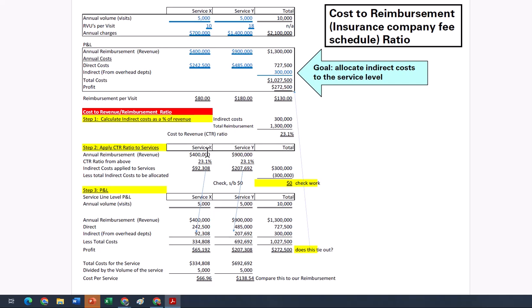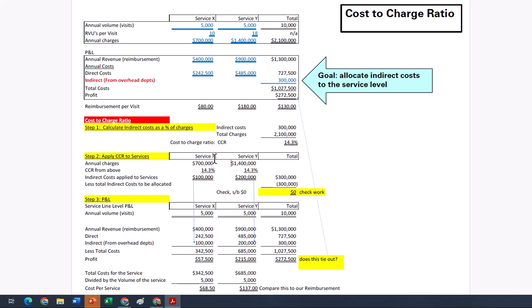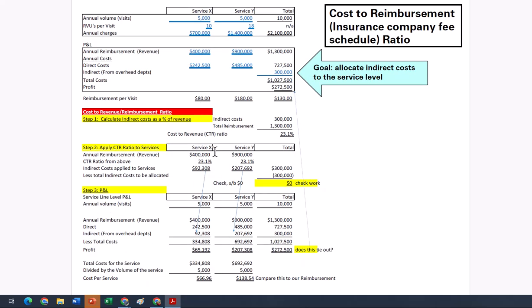So we take our reimbursement times our allocation rate of 23%, and we apply 92,000 and change to cost to X and 207,000 and change to Y.